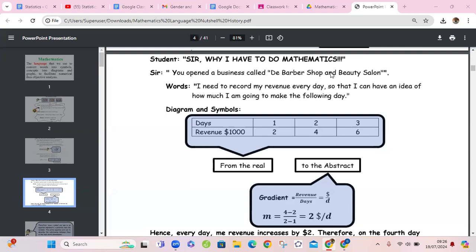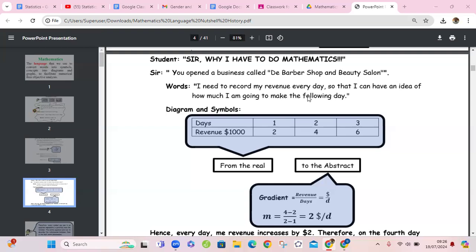Let's say you open a business and you are voicing out in words, or you might be reflecting and saying, well, I need to record my revenue every day so that I can have an idea of how much I am going to make the following day. Okay, so you need to record your earnings. That's what you are thinking. And remember, the business is a real thing.